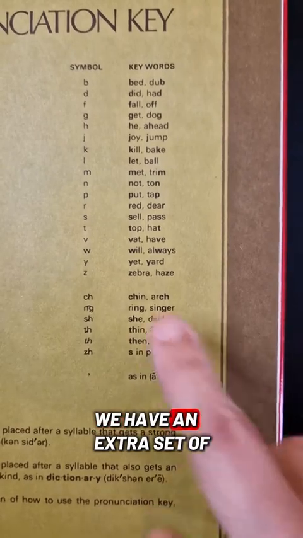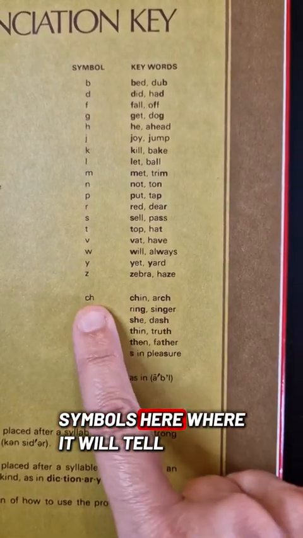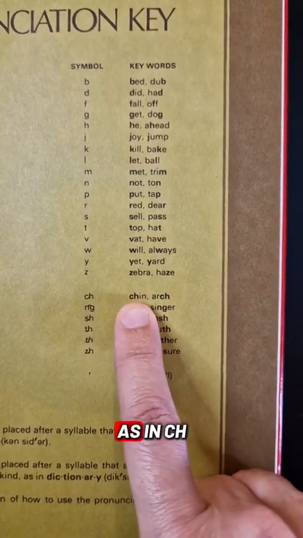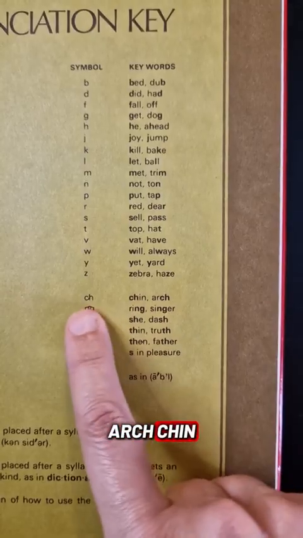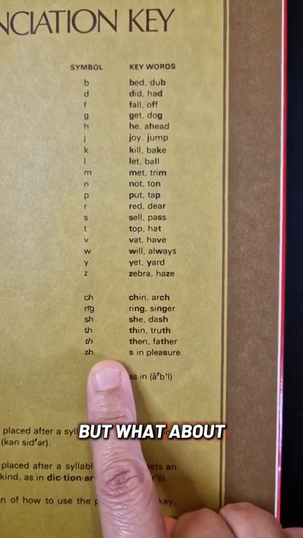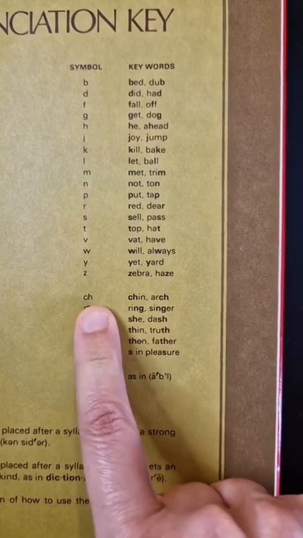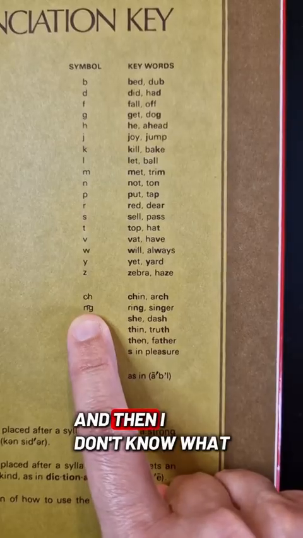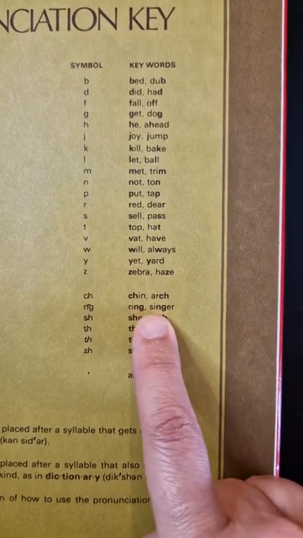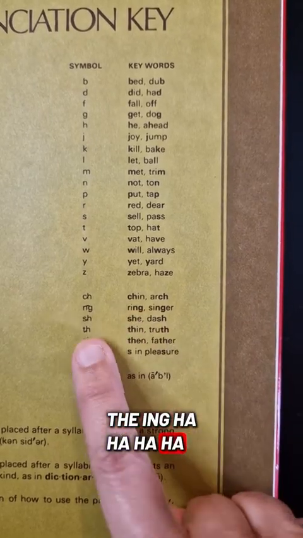However, we have an extra set of symbols here that will tell you exactly. So we have ch as in arch, chin. So when you see that, you know it's ch. But what about this little sign here? That's ng, as in ing.